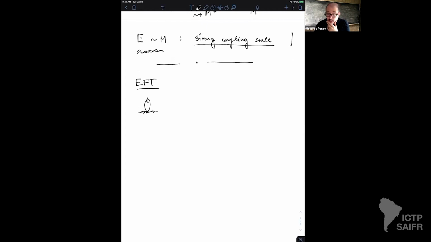Because we have a quartic self-interaction. When you write it down explicitly, it looks like so.